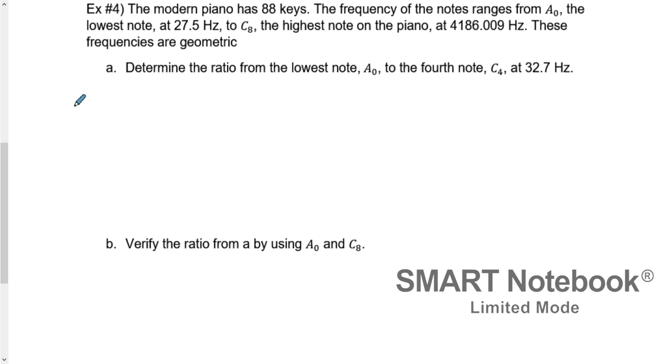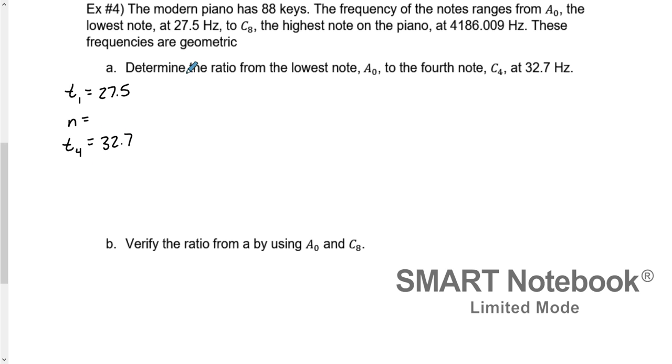For example, we already know that term 1 has a hertz of 27.5. We also know some n, and we know term 4 is 32.7.